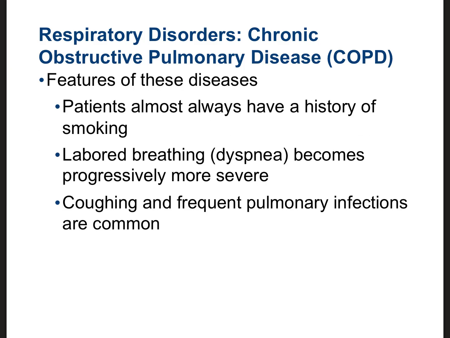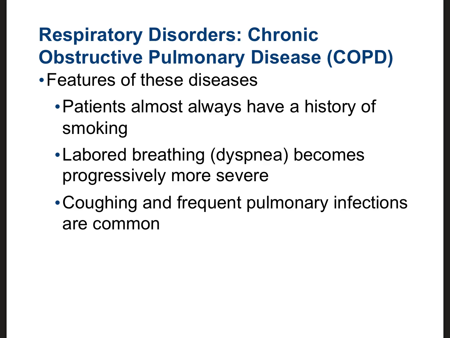So what are these two? Features: obstruction, right? Chronic obstructive pulmonary disorders. There's something in the way that's obstructing the airway in some way. Either gas exchange is being obstructed, or the air getting to the alveoli is being obstructed.